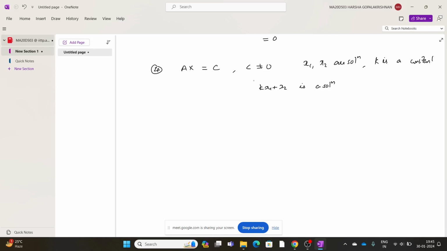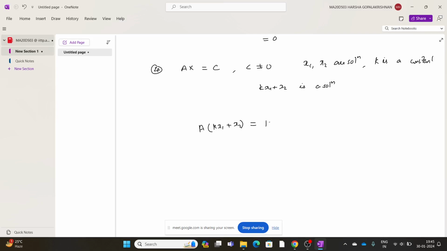The same way you can substitute it in there. Any idea? Instead of x we are substituting; if it is equal to c, it is a solution.